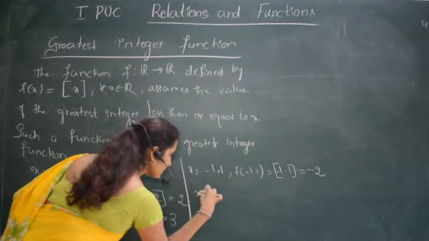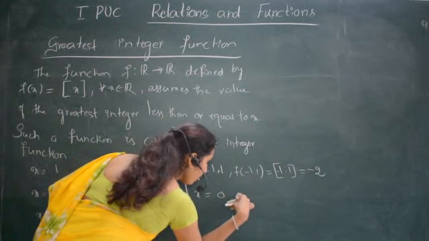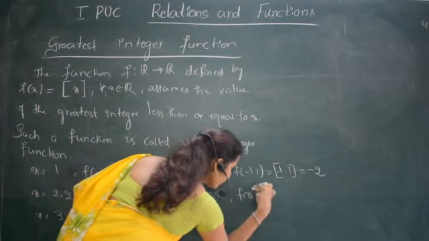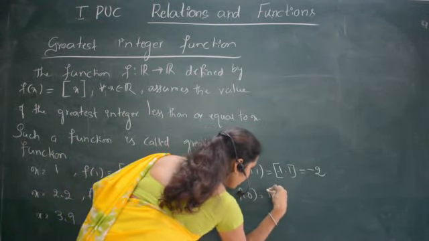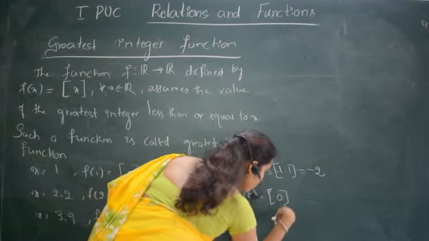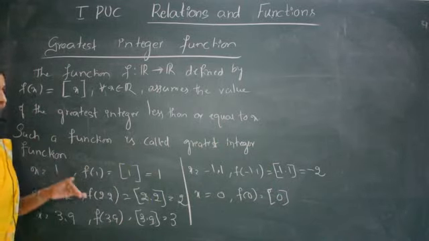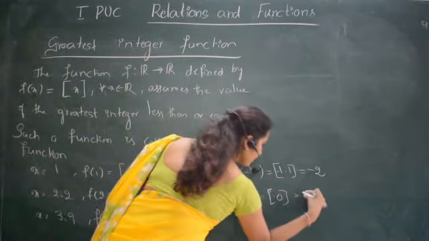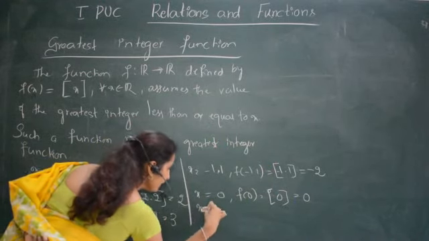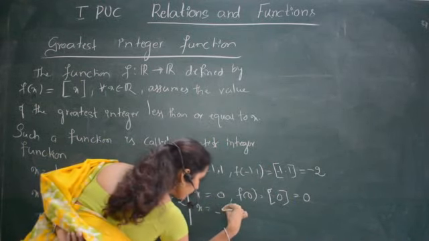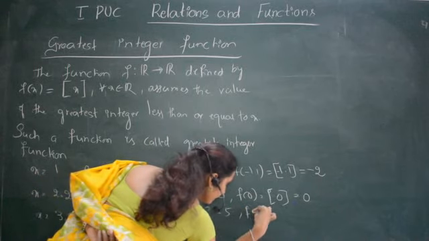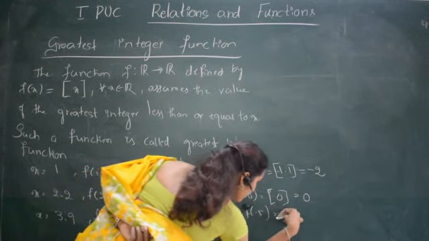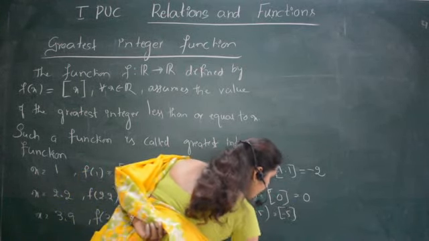If I take x equal to 0, f of 0 is [0]. 0 is an integer, so this will be 0 only. If I take x equal to minus 5, f of minus 5 is [minus 5].